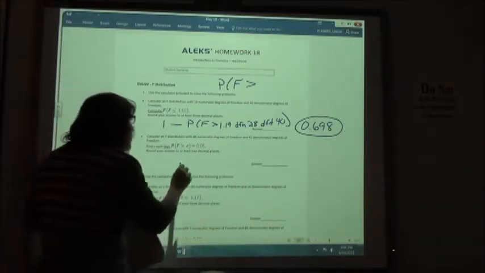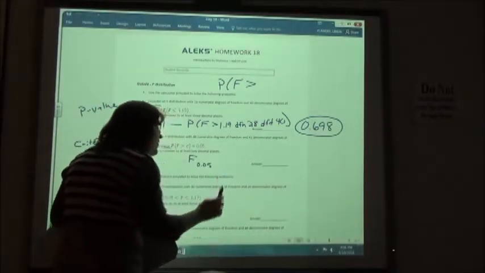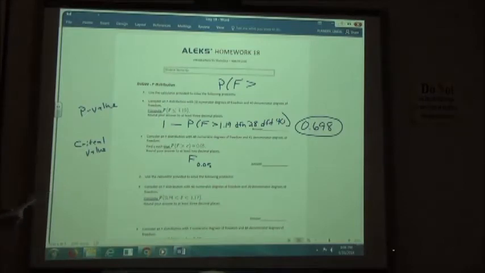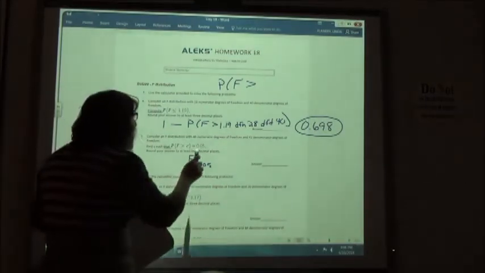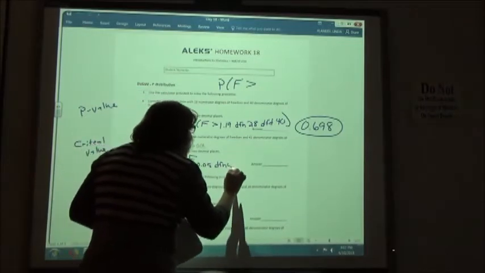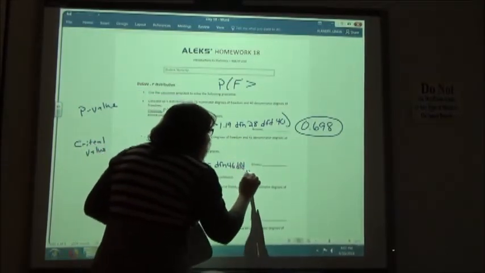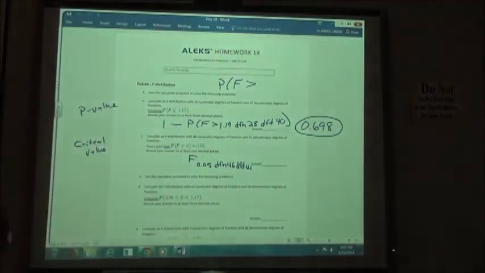And so I am going to do F sub 0.05 since it's a greater than. And then I have to do my degree of freedom again. So my degree of freedom for my numerator is 46. My degree of freedom for my denominator, 41. So when we do our hypothesis testing, we have those 2 different kinds of test values.